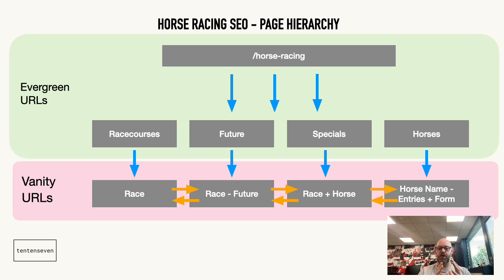Doing this will dramatically change your rankings across many lower level pages, but also it should be a key component in your marketing strategy for the likes of Cheltenham, Royal Ascot, and other major festivals across the year.